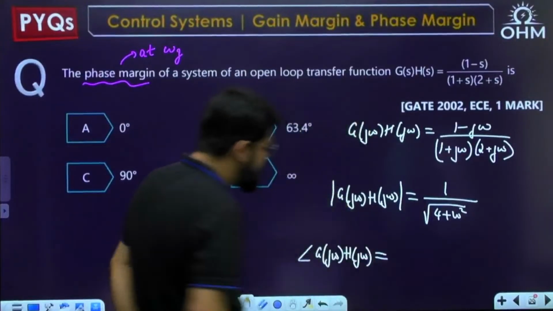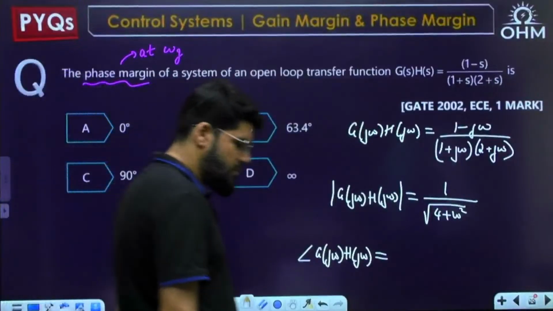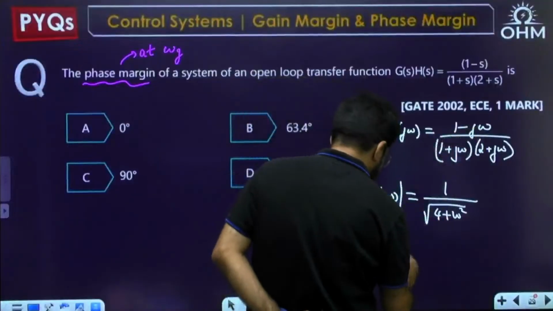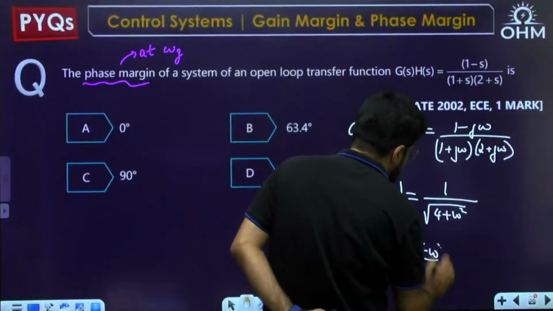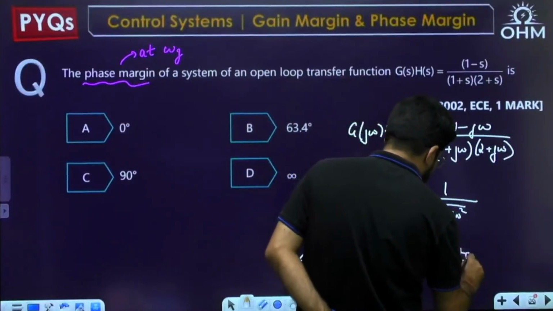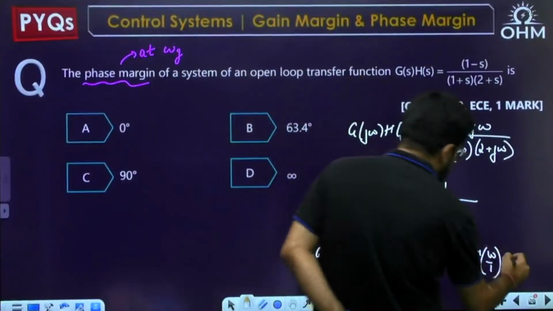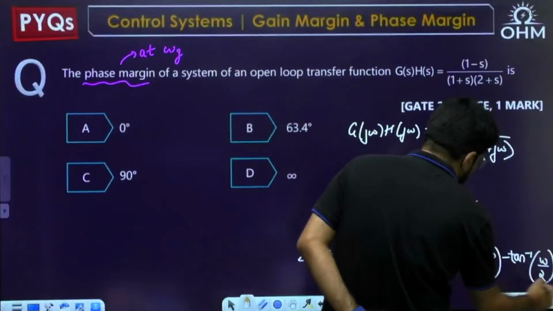What is the angle of G(j omega)H(j omega)? The angle is tan inverse y by x, minus omega by 1. Denominator terms subtract the phase: minus tan inverse omega by 1, and again minus tan inverse omega by 2.